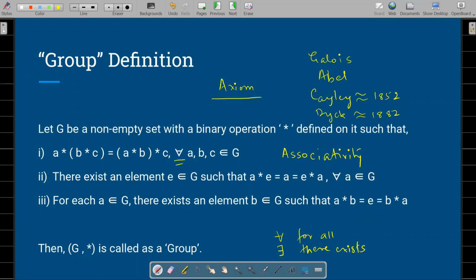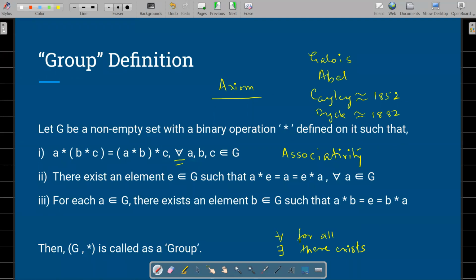So we have some non-empty set equipped with some binary operation. I'll talk about all these things in detail afterwards. And that operation is associative. With respect to that operation, we have some element which is the identity element. For example, with respect to addition, anything plus 0 is again that number itself.